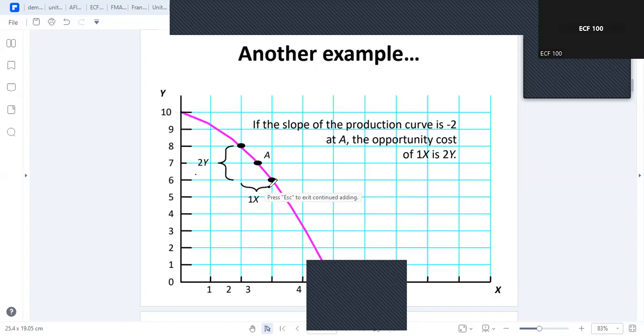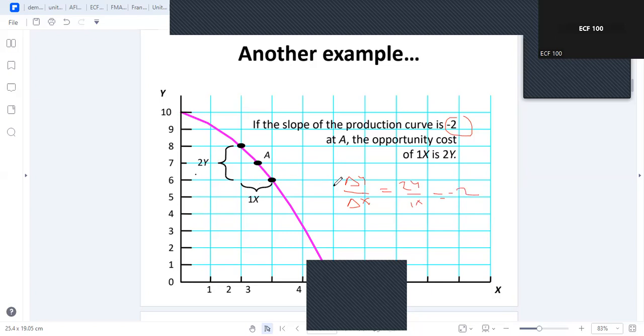So we're going to therefore have a slope of negative 2. So it's the change in y over the change in x, which will be 2y over 1x. So 2 into y is simply 2.